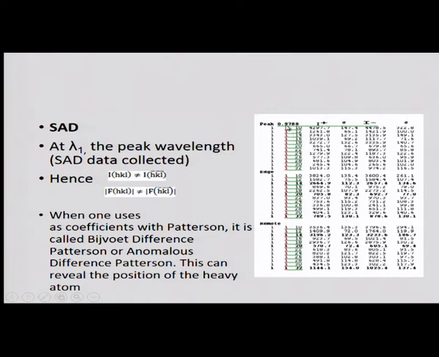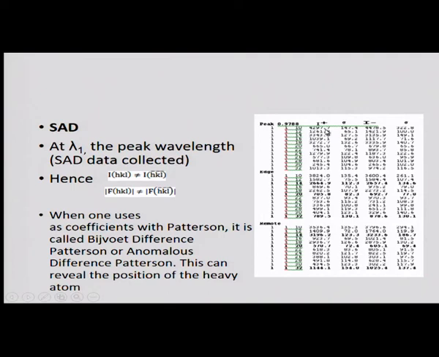Just look at when you collect at the peak wavelength, plus means HKL reflection, minus means H bar, K bar, L bar reflection. Okay. For the 1110 Bragg reflection I plus, that is mod F HKL, is 4297 roughly. Then for the same thing, mod F H bar, K bar, L bar is 4478.